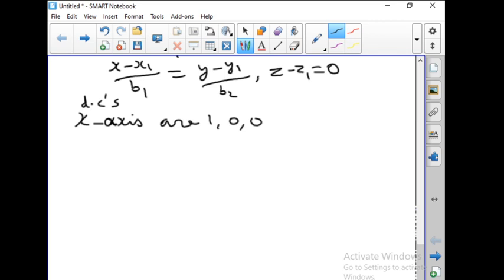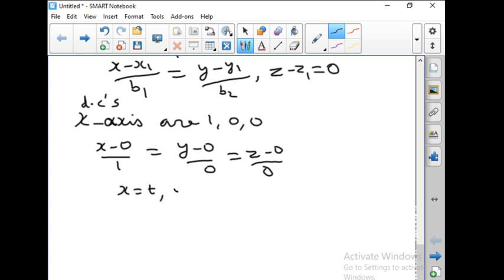So, therefore, the equation of x-axis is x minus 0 by 1 is equal to y minus 0 by 0 is equal to z minus 0 by 0. Therefore, we have x is equal to t, y equal to 0 and z is equal to 0.